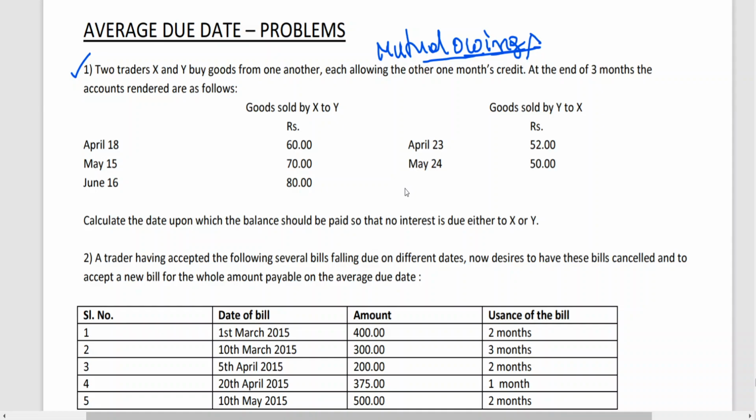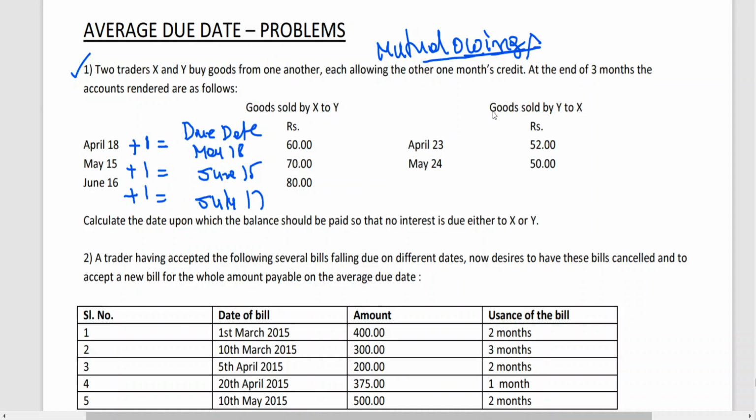1 month credit has been mentioned. So if it's 1 month credit, and you can see there's no bill mentioned, so no need to add 3 grace days. So due date is coming to May 18, June 15, May 15 plus 1 month, June 15, July 7.